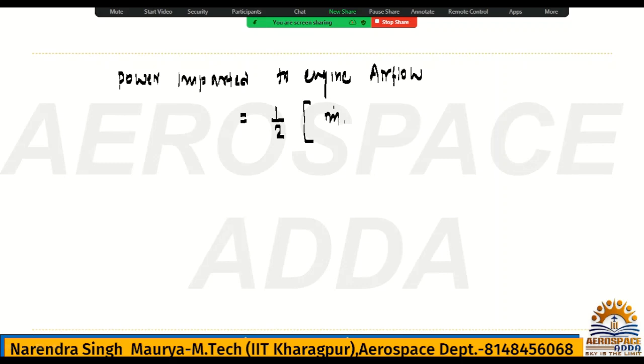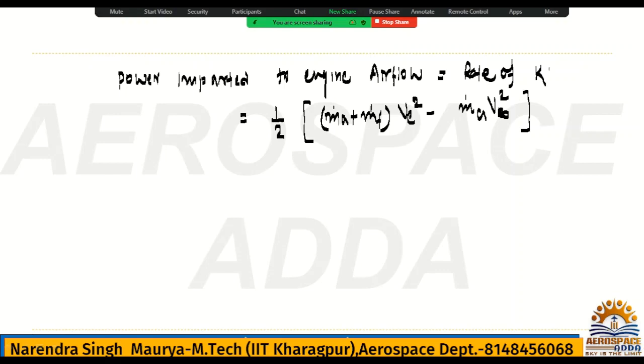So the kinetic energy is half m v square at the exit, minus m dot a at the inlet, which is m dot a V infinity square. Because it is mass flow rate, hence it is called rate of kinetic energy.